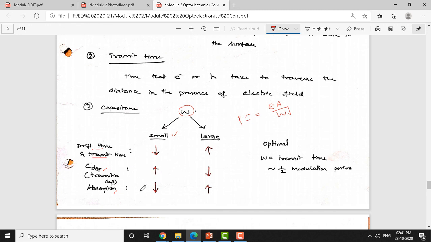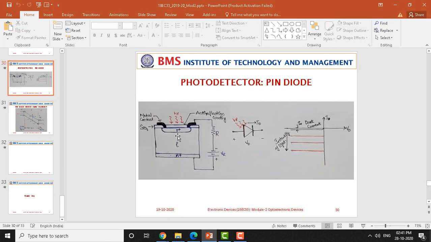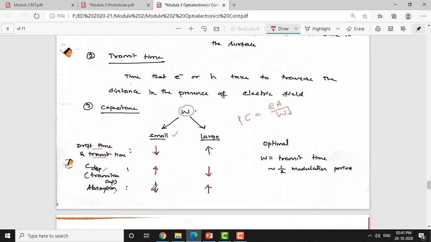And photon absorption decreases, because when you make the width less, the absorption becomes very less. This downward arrow indicates absorption is less for the smaller depletion width.